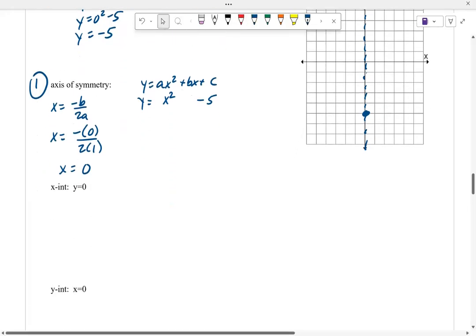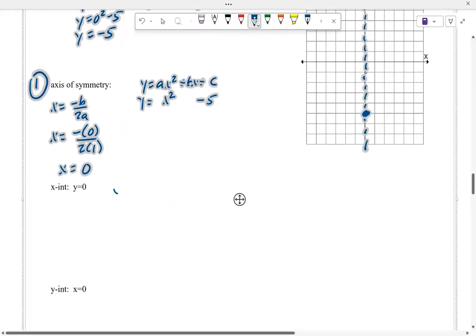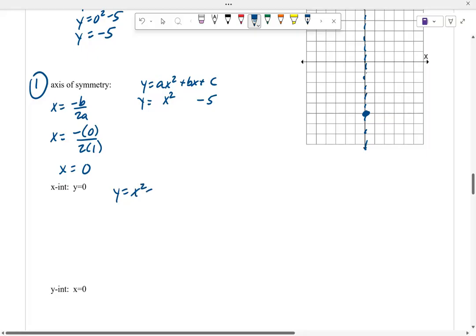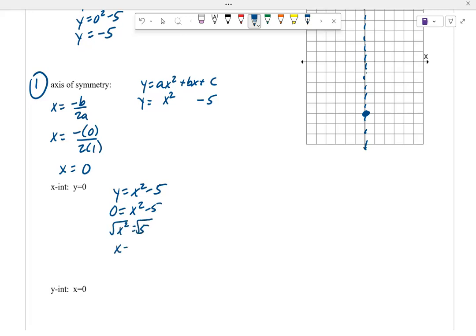But let's go ahead and find our x-intercepts. y equals x squared minus 5. Let y be 0, x squared minus 5. Let's add 5 to both sides. Square root, square root. So we get plus or minus the square root of 5. There's our x-intercepts. Plus or minus the square root of 5 are our x-intercepts.